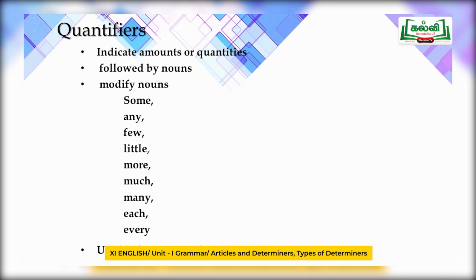Some words are used for large quantity and some quantifier words are used for small quantity. Much, many, a lot are used for large quantity. A few, a little are used for small quantity. And these quantifiers come under countable nouns and uncountable nouns.